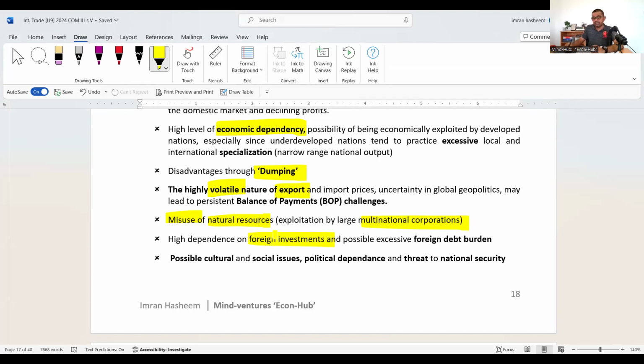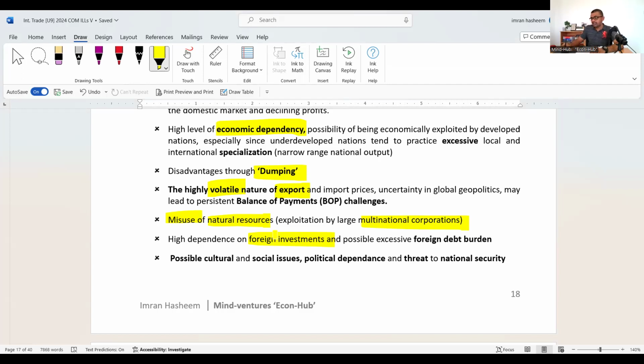Therefore, we are heavily dependent on foreign investments. But with investments, it's not only funds, it's not only technology, it's not only employment opportunities, it is not only modern management methods that come into a country. Also, there's a lot of influence that these investing companies can exert. They can influence politicians. They can sometimes influence our policies. So that has an impact.